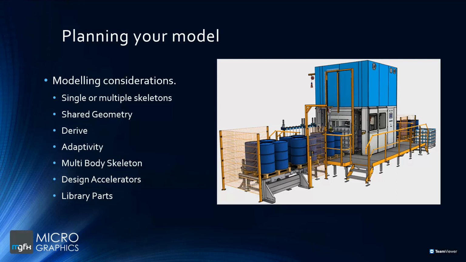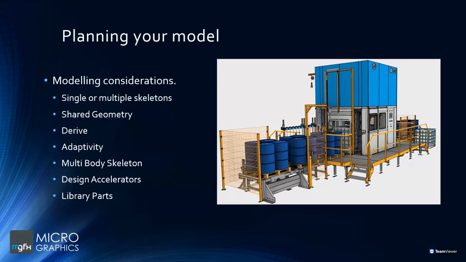And we can't derive an assembly into a part and then put that part back into the assembly, it creates a cyclic loop. So that is something that's not allowed. Those considerations have to be thought about up front to prevent any issues in the modeling process further down the line. So you might have a mix of derive and adaptivity.